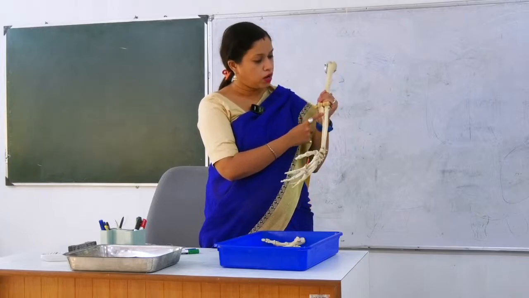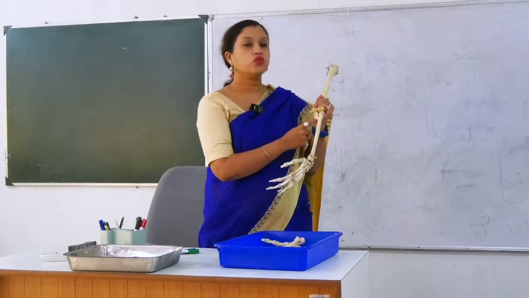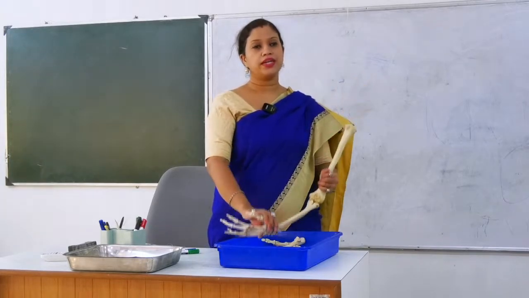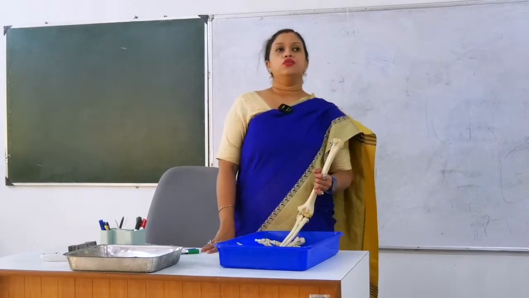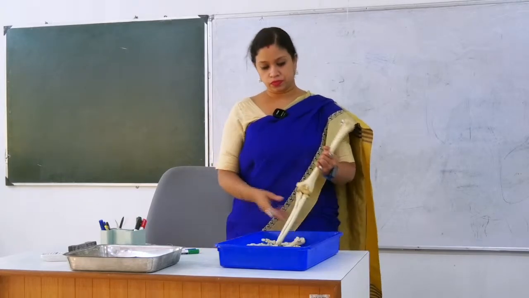Just below that, where the radial tuberosity is attached, that is known as the supinator fossa. Write it down: the supinator fossa is for the radial tuberosity.